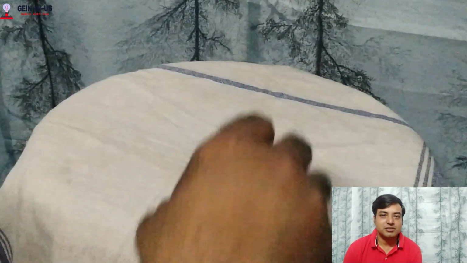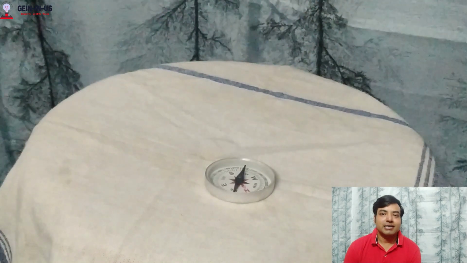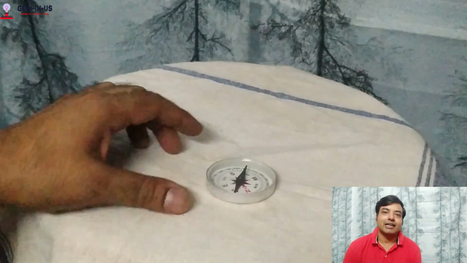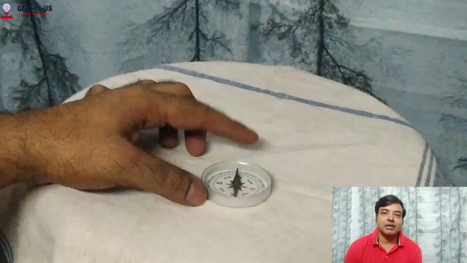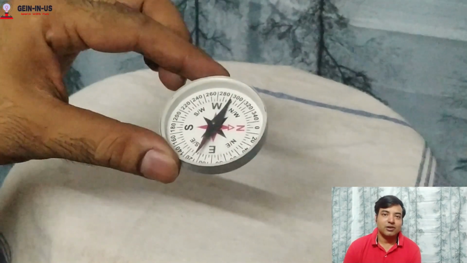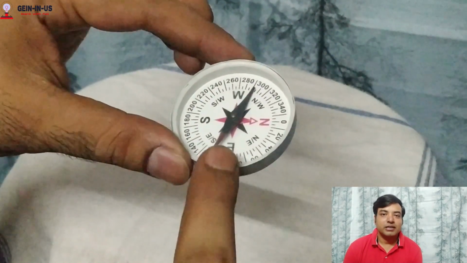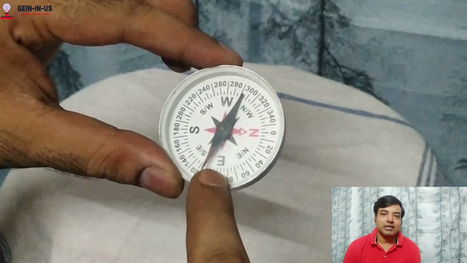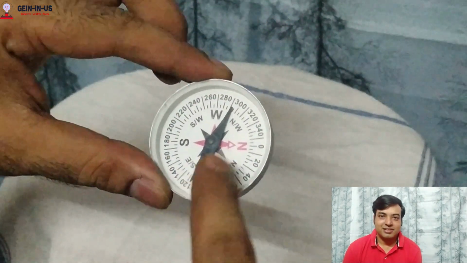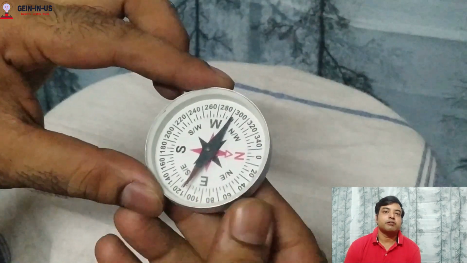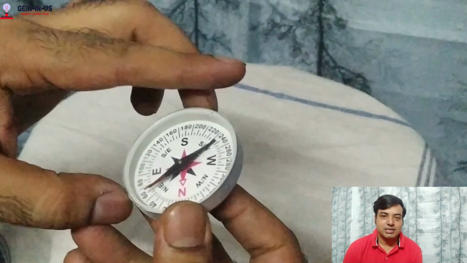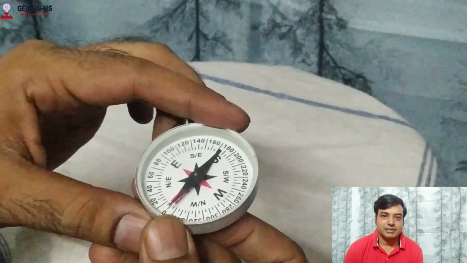You can see this compass. This compass has a needle, and that needle is a magnet, and it has marked north and south, so it will also align in a north and south direction. This property of a magnet is known as the directive property of the magnet.